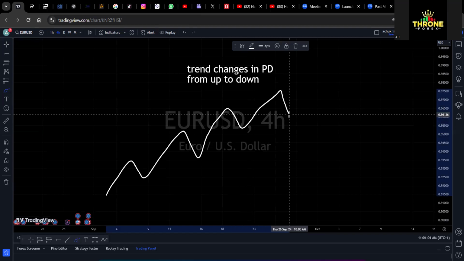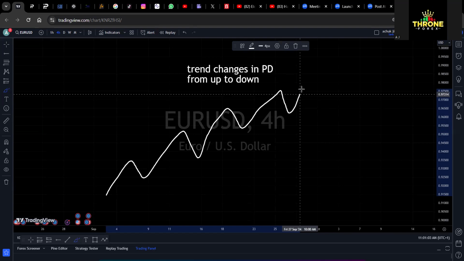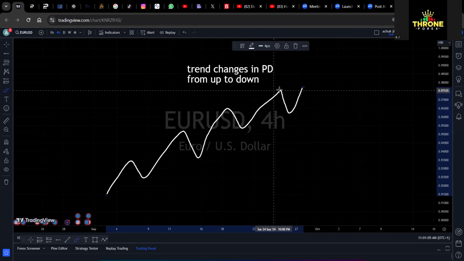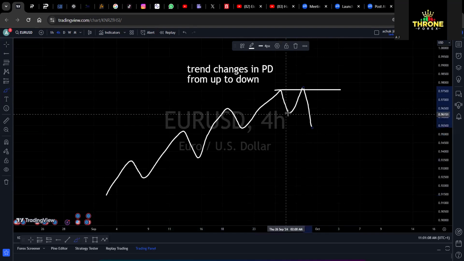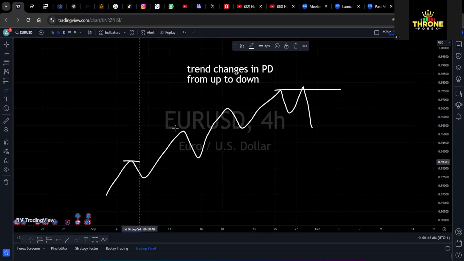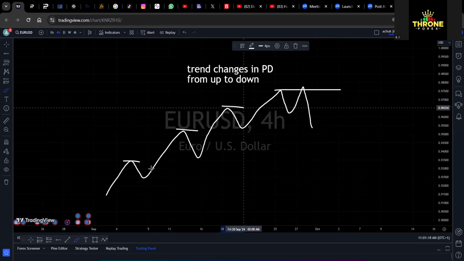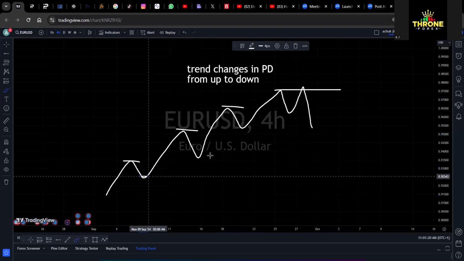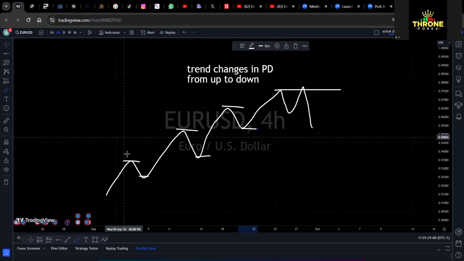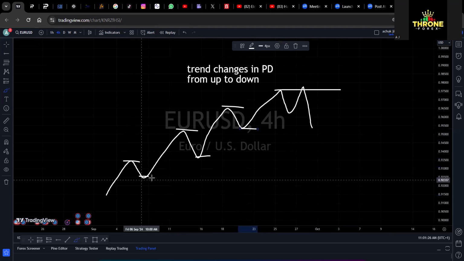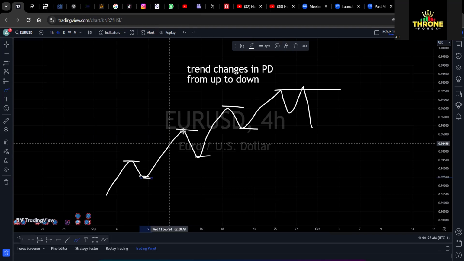And then from here, goes up and then comes down to break this low here. So the moment it does that, that is the beginning of a change in trend, because we had these highs and then these lows. So here, what the market was doing when it was going up, it was failing to break the lows, but constantly breaking the highs.